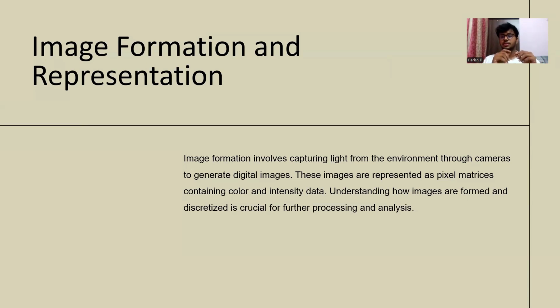These images are represented as a pixel matrix containing color and intensity data. Understanding how images are formed and discretized is crucial for further processing and analysis of the images.